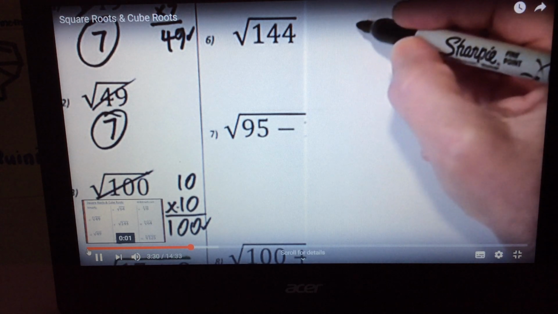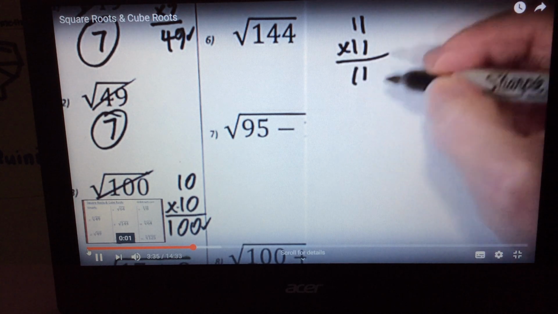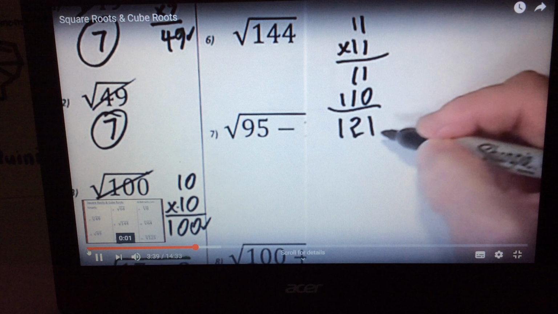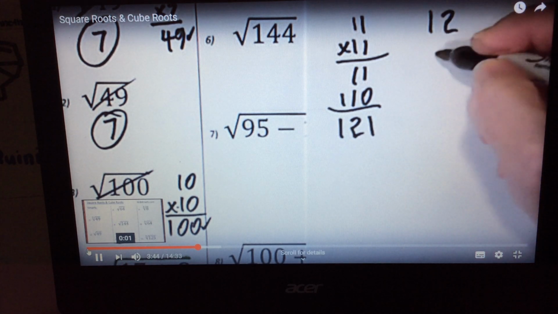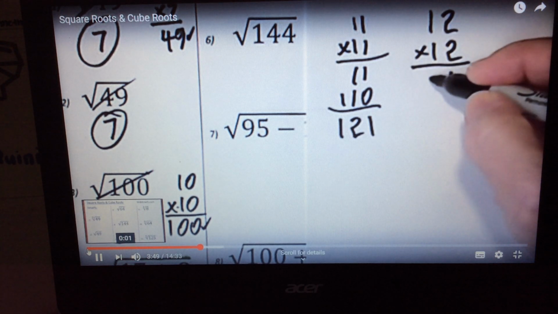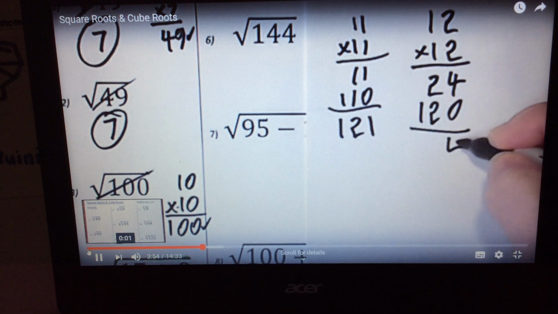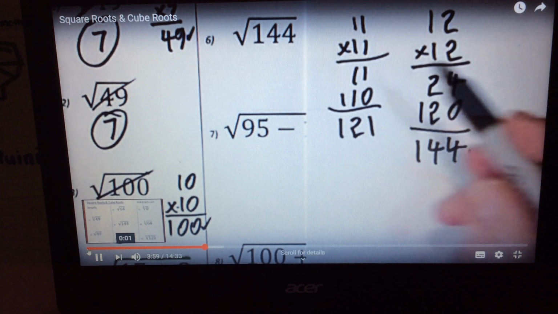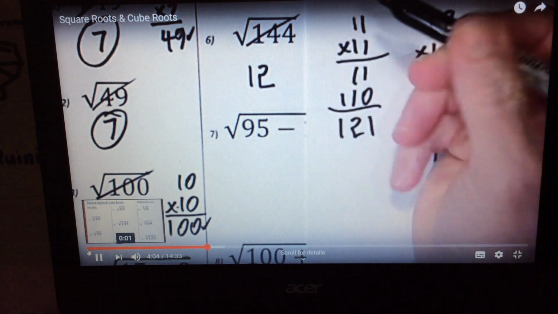You might try 11, but that gives you 121, which is not what we seek. Try 12 times 12. There. So the square root of 144 is 12.